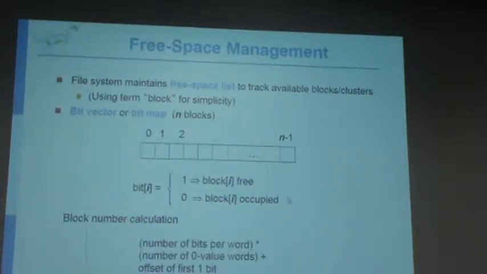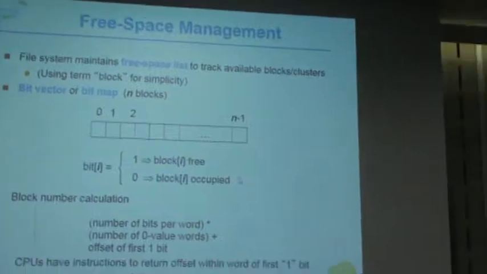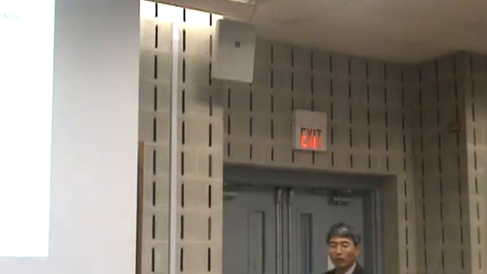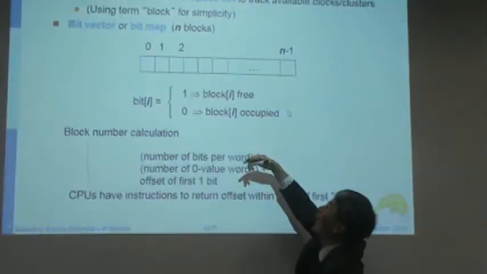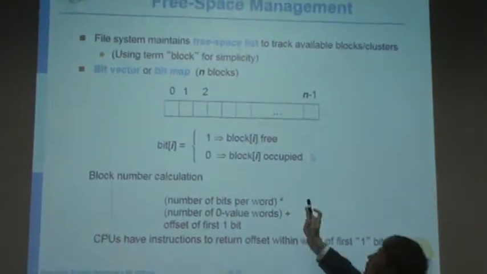The next topic is how we can manage the free space. First, we need to find which blocks are free and which are not. At that time, we can use what's called a bit vector or bit map. It's a series of bits.